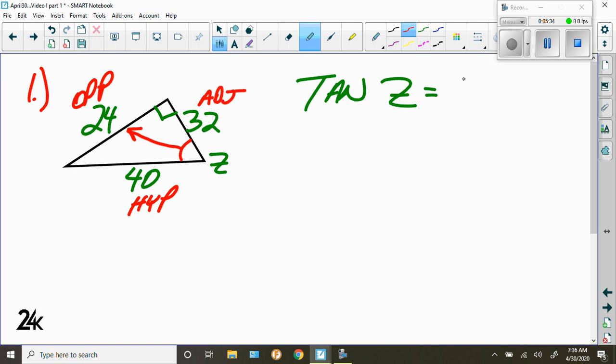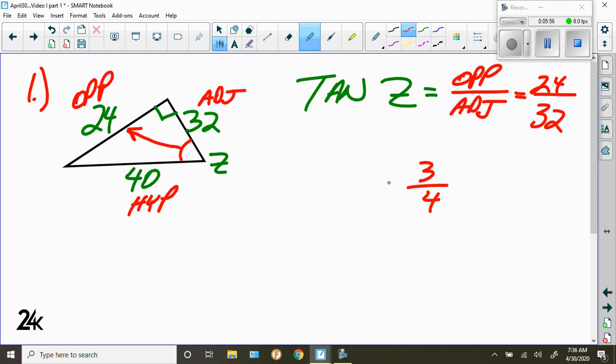Well, tangent is opposite over adjacent. Okay, it's TOA, SOHCAHTOA. So then opposite 24, adjacent 32. If you wanted to simplify that by dividing by 8, that would be 3/4.